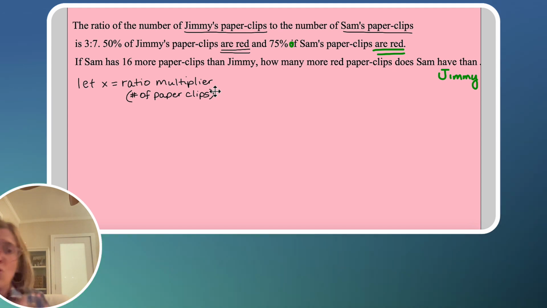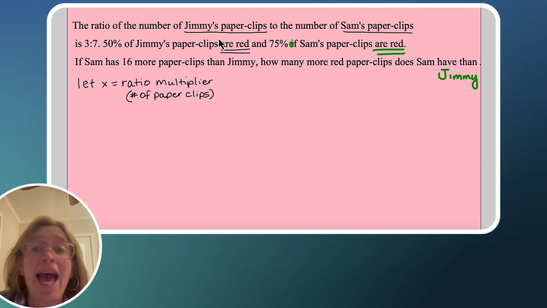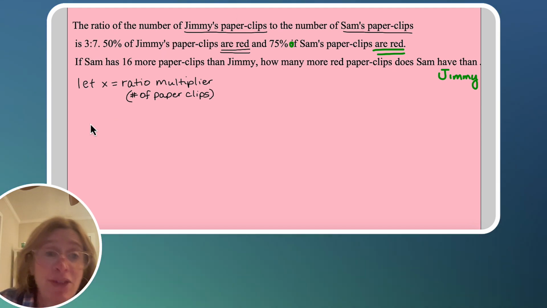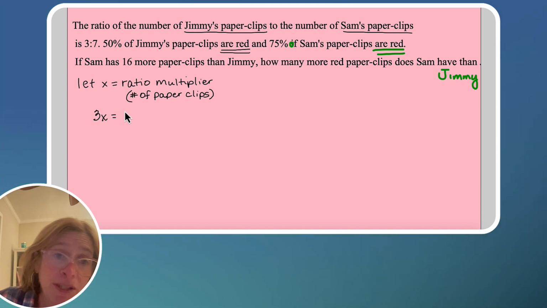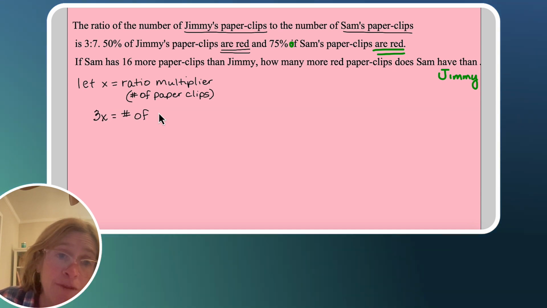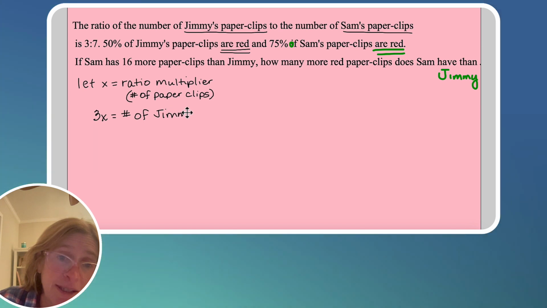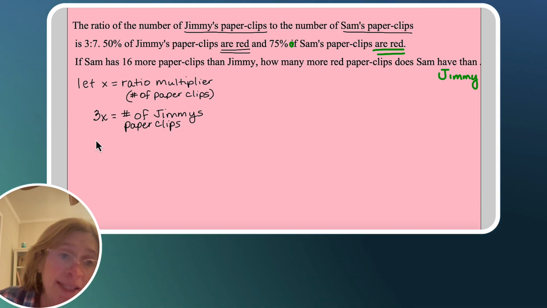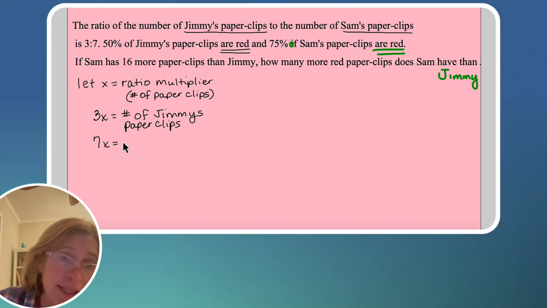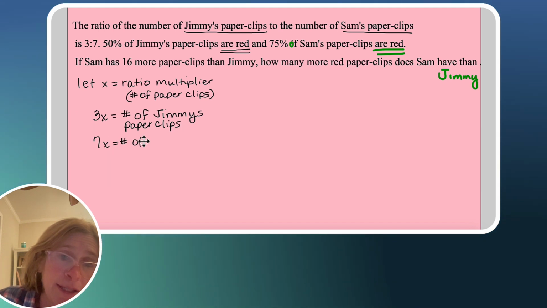All I know is that Jimmy and Sam are in the ratio of 3:7. So 3 times the ratio multiplier is the number of Jimmy's paper clips, and 7 times x is the number of Sam's paper clips.